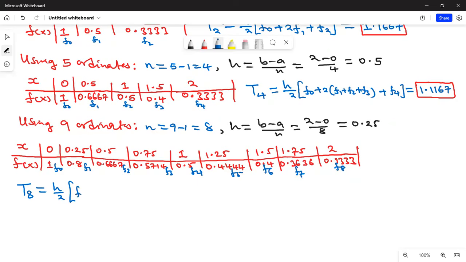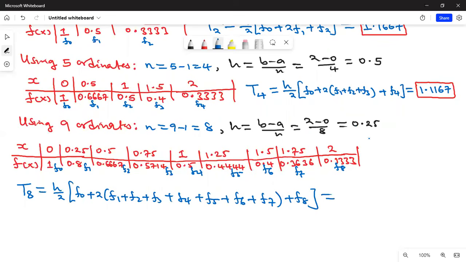So you'll have f naught plus twice the sum of the middle ordinates, that's f1 plus f2 plus f3 plus f4 plus f5 plus f6 plus f7. And then the last one is f8.